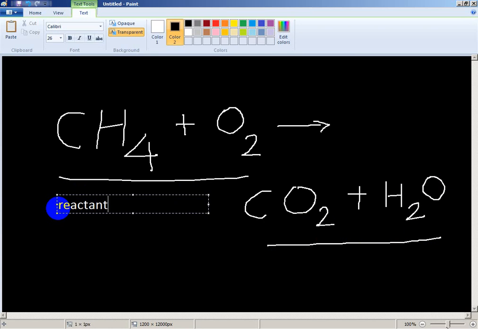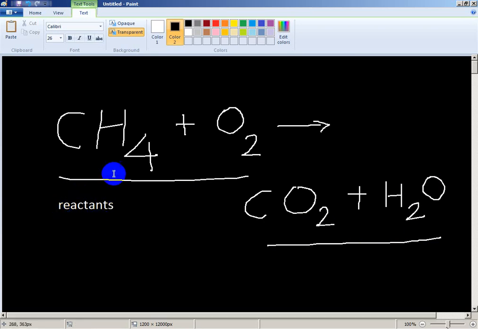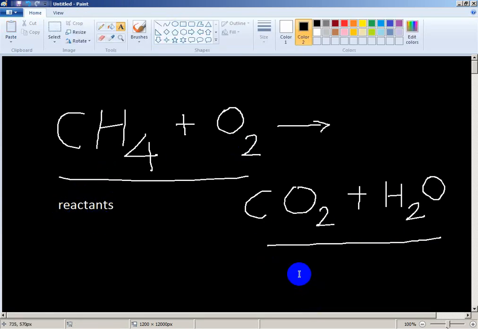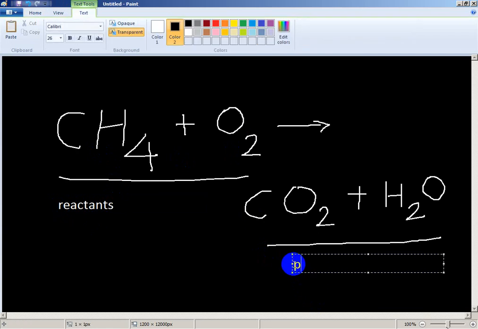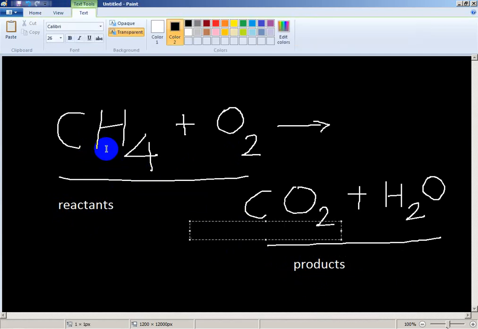So methane and oxygen are reactants, and carbon dioxide and water are products. The reactants contain carbon-hydrogen bonds and oxygen-oxygen double bonds. Here this is a bond.